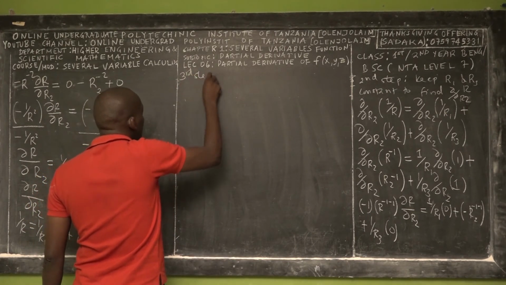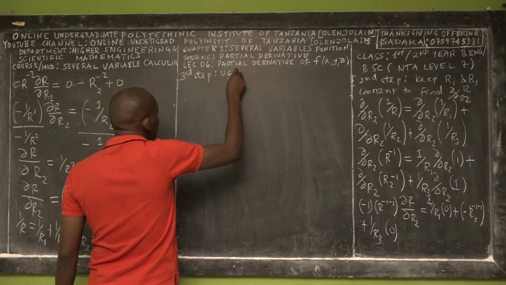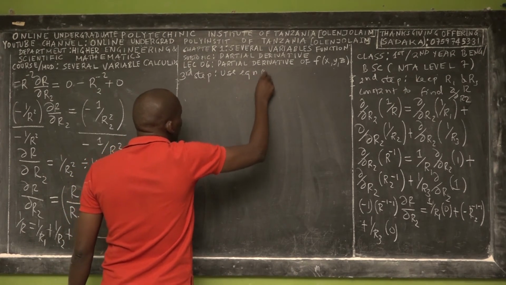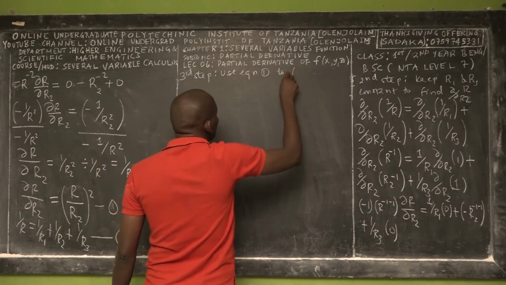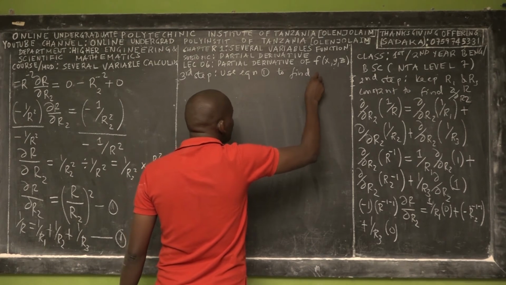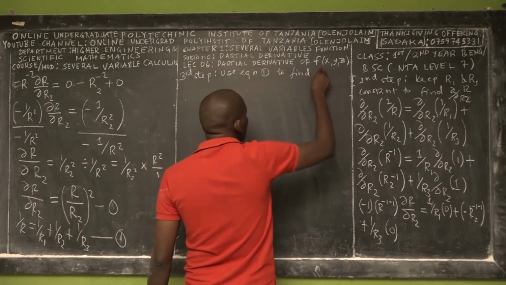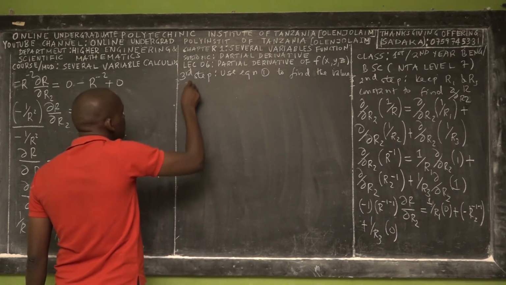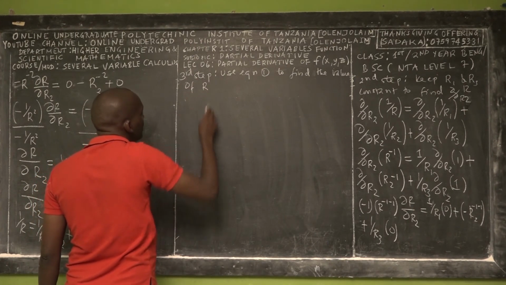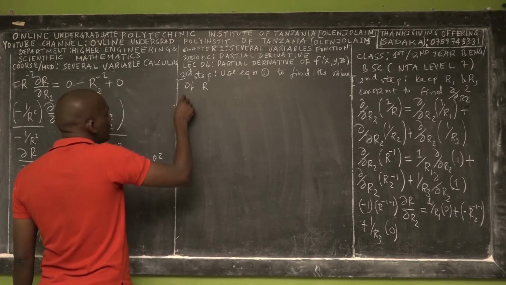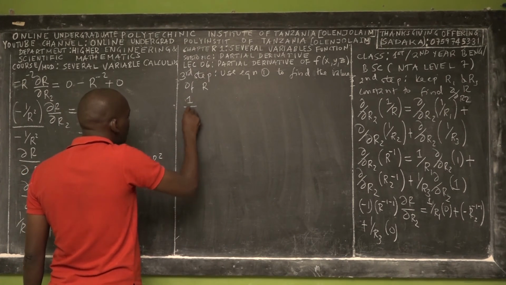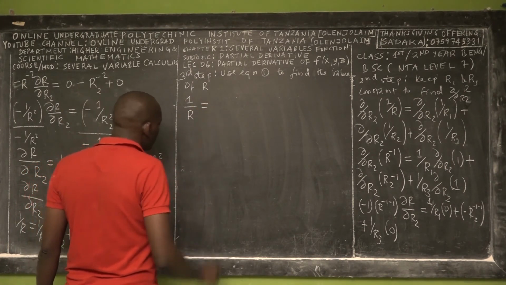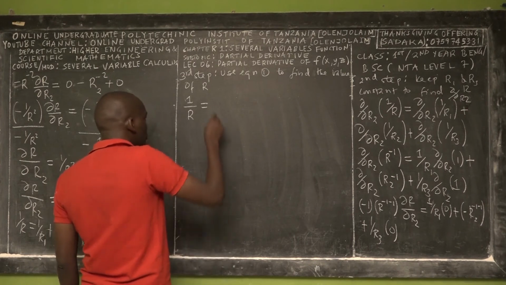Let us use equation 1 to find the value of R. How? We just do simple algebraic expressions, adding fractions.